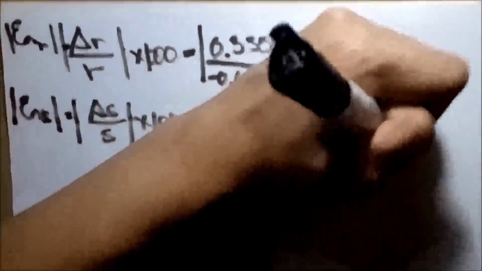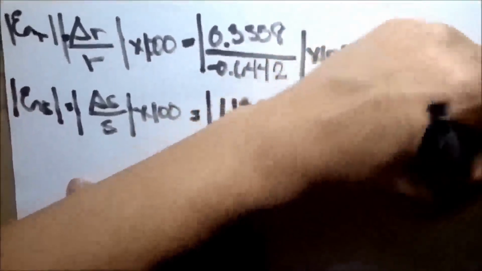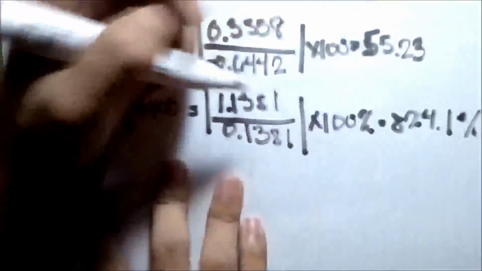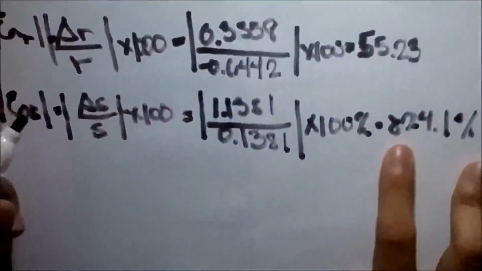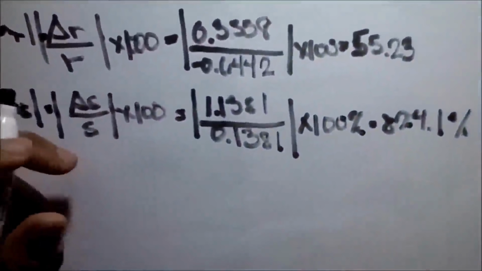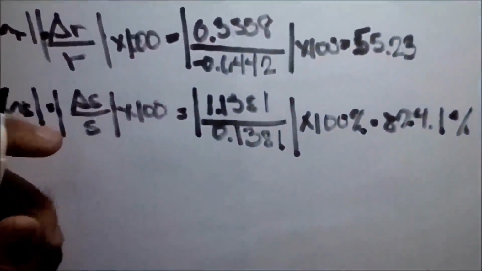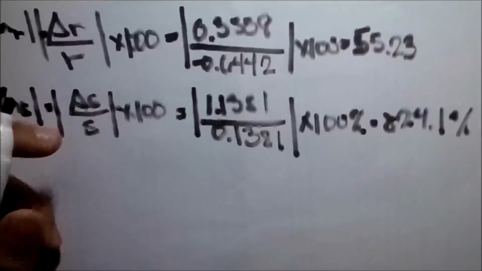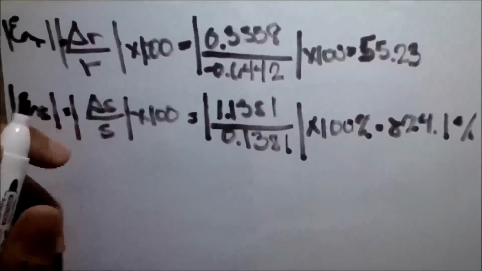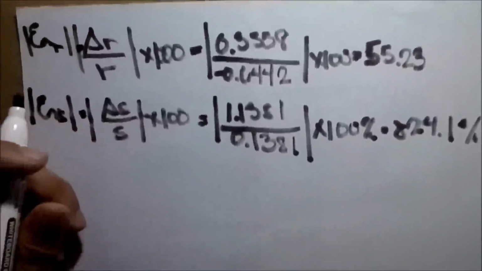The answer will be 824.1%. As we see this, the error is so high, so we must iterate in order to reduce the error at the r and s.